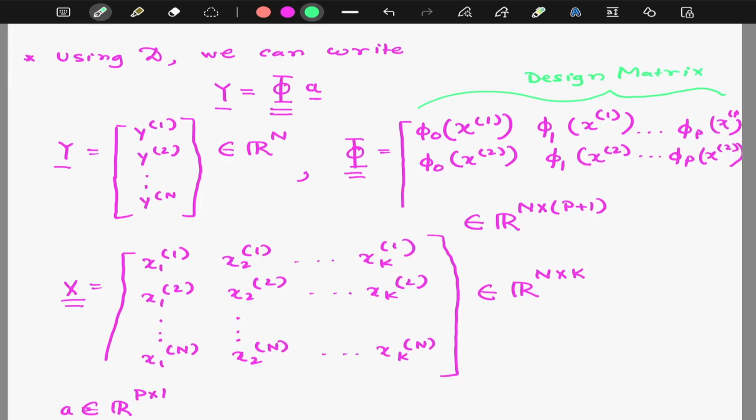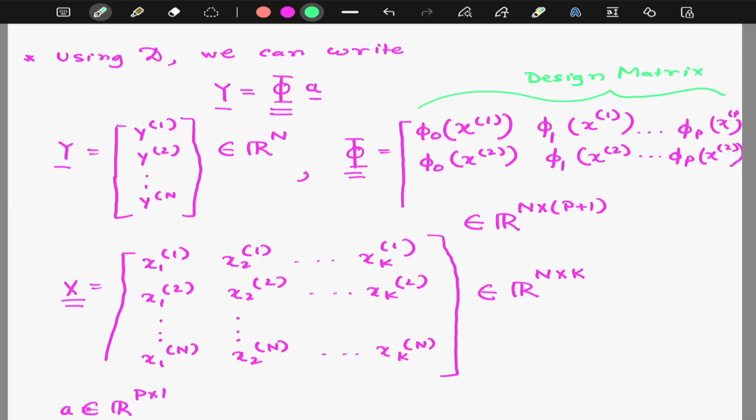Any idea when the design matrix will become the same as the data matrix? Linear model. When you ignore the bias for now, let us say, and you are only working with a linear model, whatever the feature is there, you are working with that: no transformation, no non-linearity, nothing.